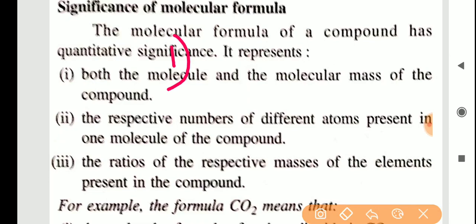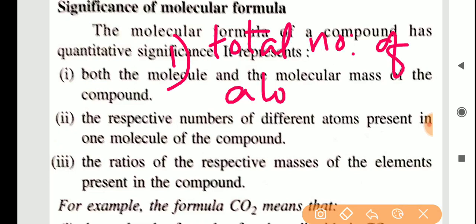It shows the total number of atoms present in it. First significance is the total number of atoms in the molecule. Then next, on looking into it, we can say the mass of the molecule.